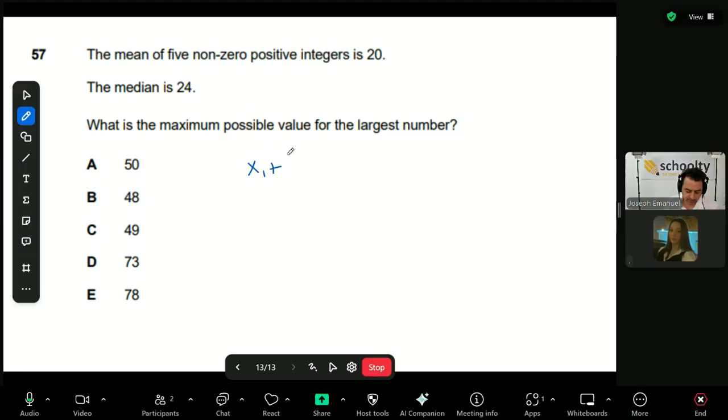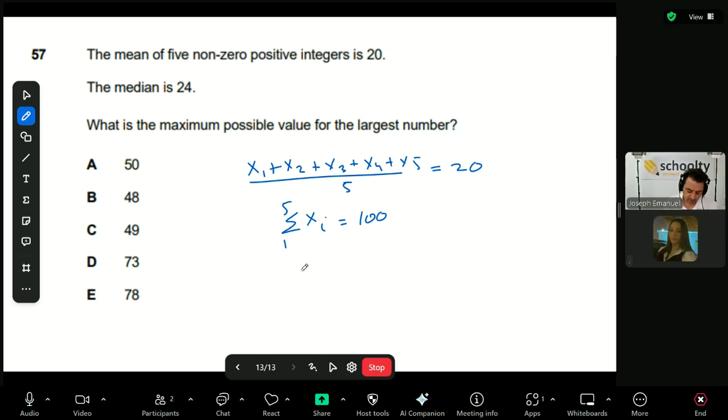So you have x1, x2, x3, x4, and x5. Their mean is 20. You can say also that the sum of all of them is what? Is 100, like 5 multiplied by 20. Okay?